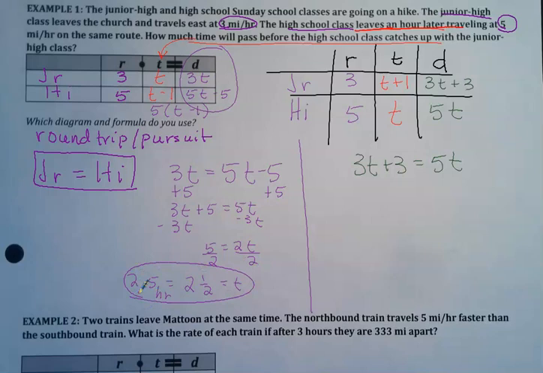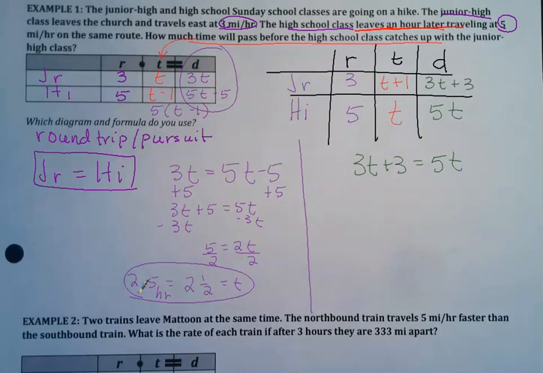Okay. The question, however, says how much time will pass before the high school class catches up with the junior high class? So how do we, huh? Well, you solve for t, right?